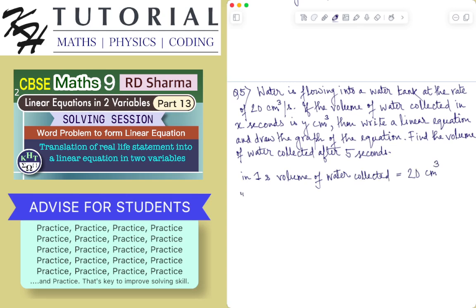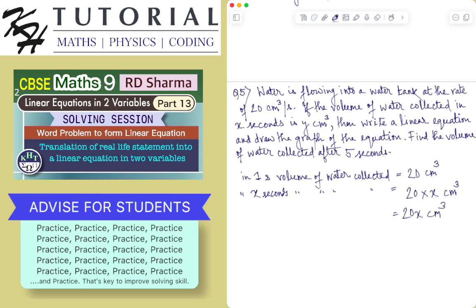So then in x seconds, the volume of water collected will be, using the concept of unitary method, 20 multiplied by x, which is equal to 20x centimeter cube.